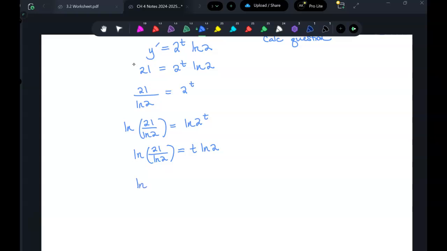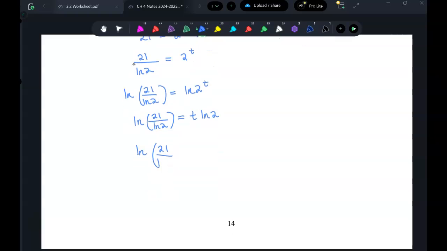And then we can just divide everything by natural log. But we're able to isolate the variable without doing anything on the calculator.